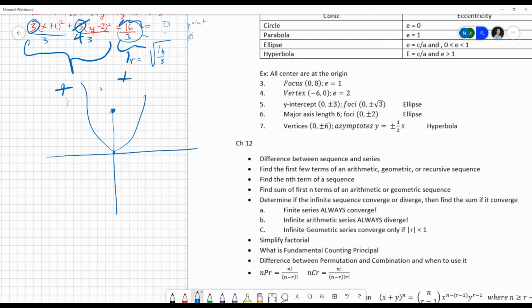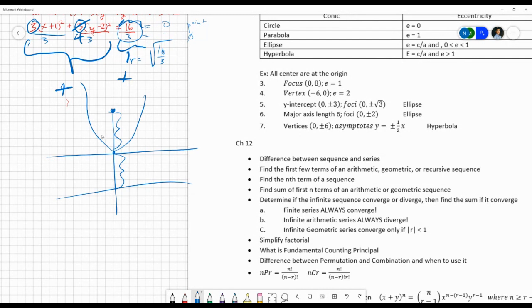Then of course you can sketch your directrix down here too. The directrix will be the same length from the vertex to the focus. Yes, the vertex to the focus.